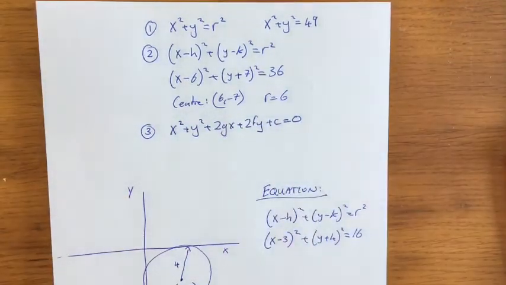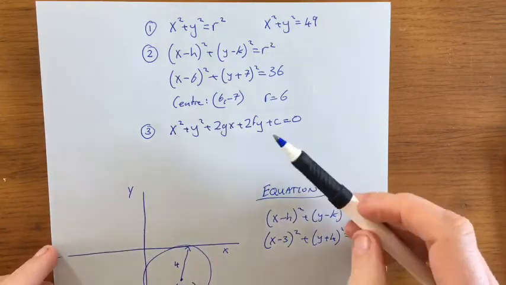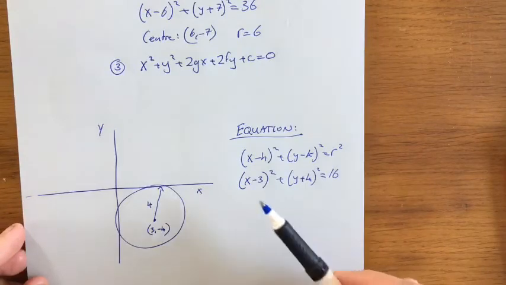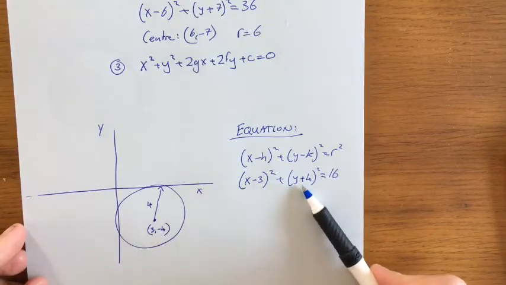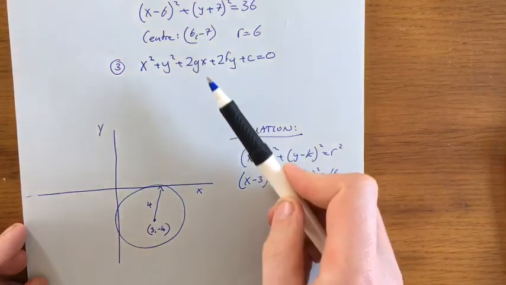So that's the next type of equation of a circle that you can get. Now, this looks very complicated, but it's actually not too bad, because to get it in this format, all you have to do is multiply out the brackets here, and then you can turn it from this format into this format.